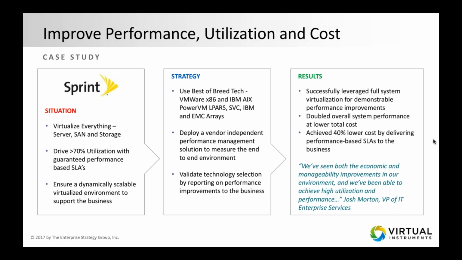And Sprint was facing all of these challenges in terms of a multi-vendor estate, growing incredibly rapidly, driving to virtualize everything, trying to drive higher and higher levels of utilization, ensure they could dynamically scale, support the business. And they were unique in that they had technologies from multiple server vendors, multiple storage vendors, virtualization across hosts, network, and storage.